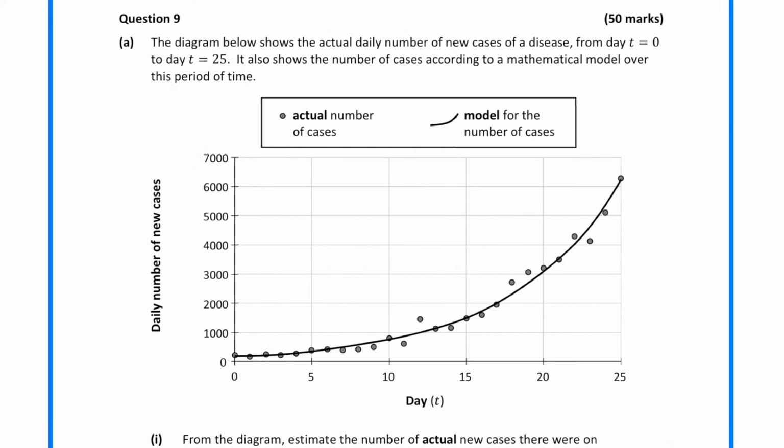In question 9a, we are given a graph comparing t, the time in days, with the daily number of new cases of a disease. The actual number of cases are represented with dots, and a model for the number of cases is represented by a smooth curve.